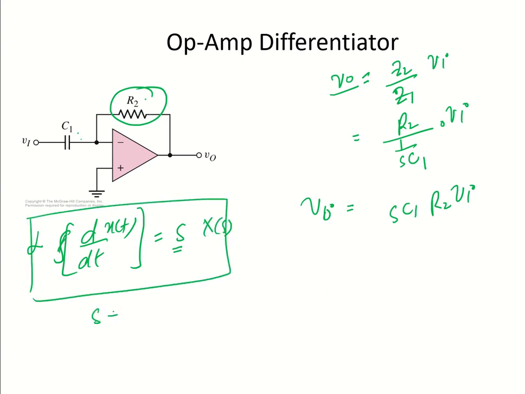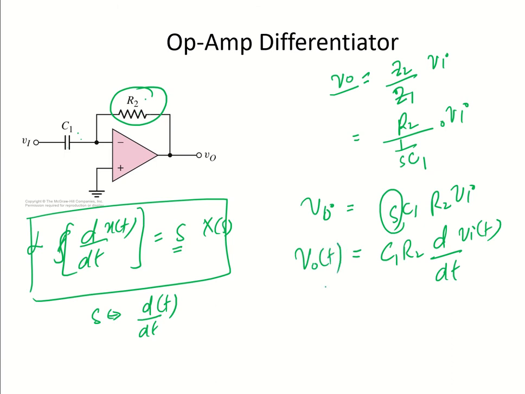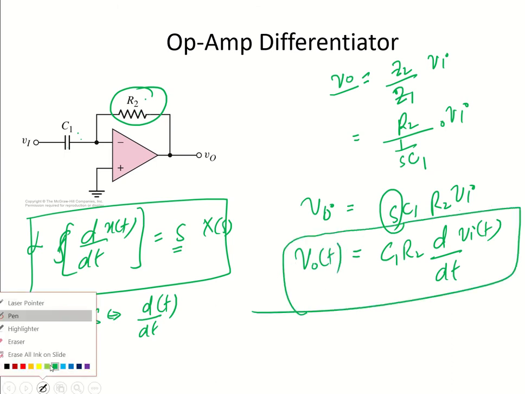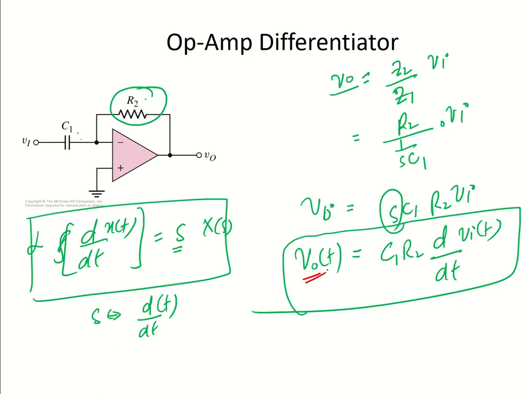So s is basically equivalent to differentiation in the time domain. We can replace s with differentiation, so it will be C1 R2 times the differentiation of the input signal. That will be the time domain signal. So the output is the differentiation of the input signal.